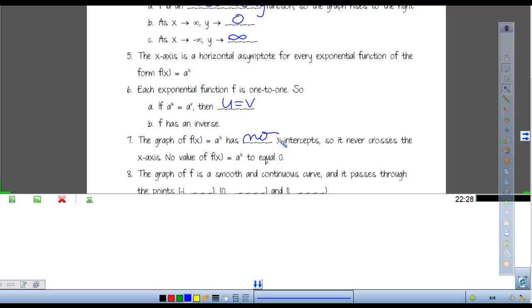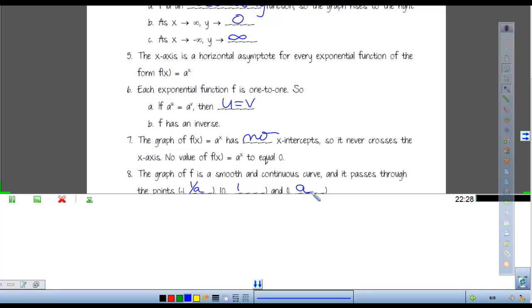It's never equal to 0. The graph of f is a smooth and continuous curve, and it passes through the points minus 1, 1 over a, then 0, 1, and 1, a. Those are the basic points.